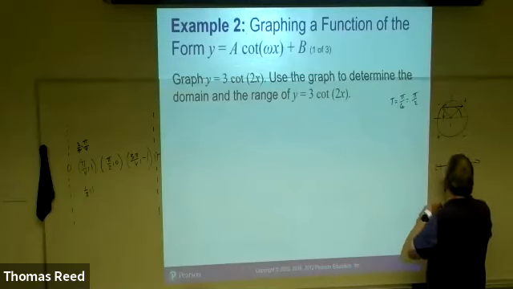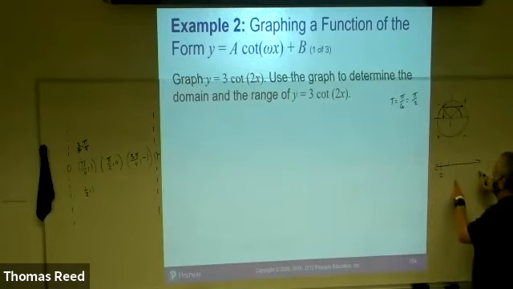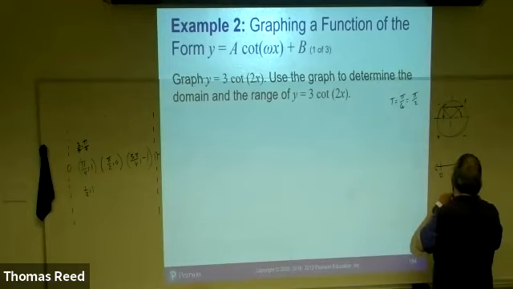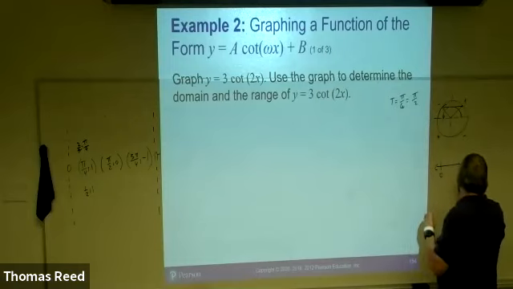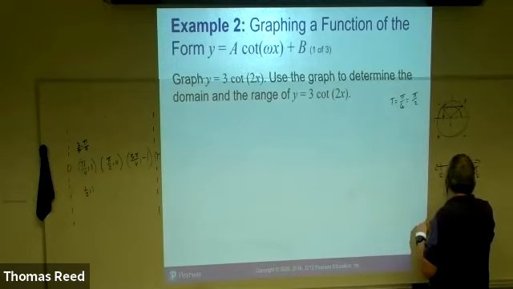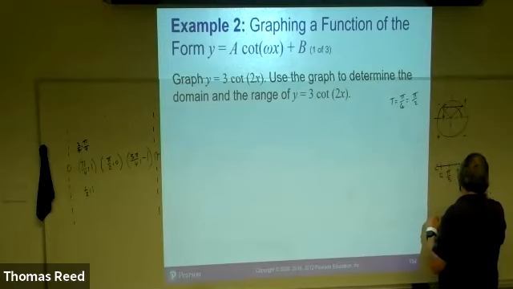So now instead of going from 0 to pi, it goes from 0 to pi halves, and I take the halfway point, which is pi over 4, and then I have pi over 8, and then 3 pi over 8.